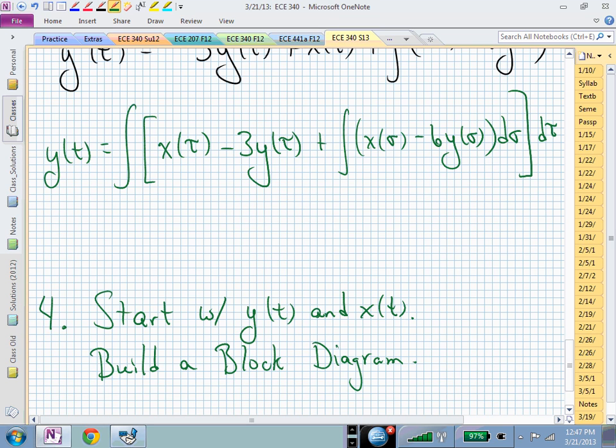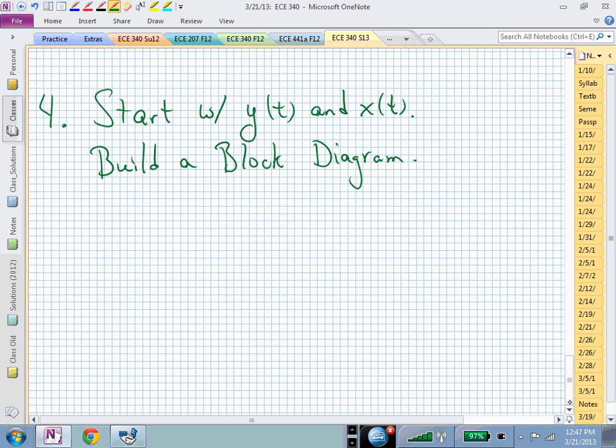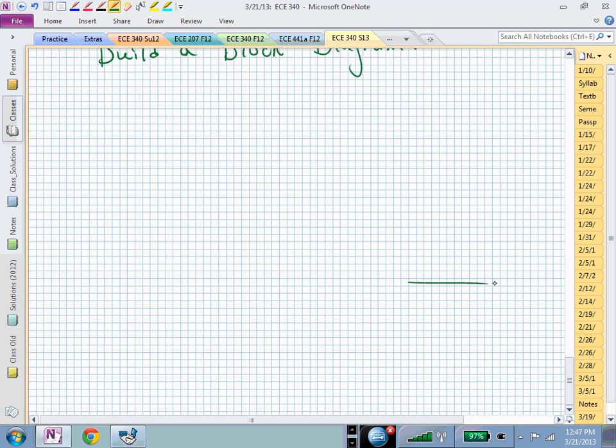So I'm going to slide down a little bit, but remember what I have. What I said I wanted is I have available to me the output y, and let's just say up here is the signal x. Now I have those two signals available to me.